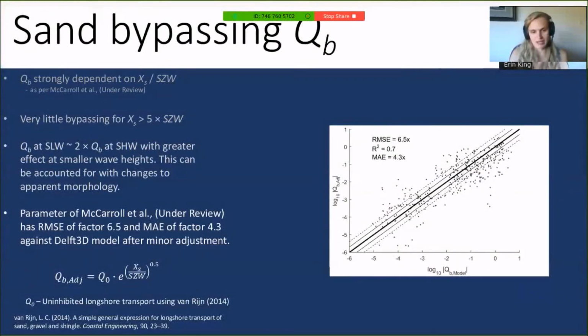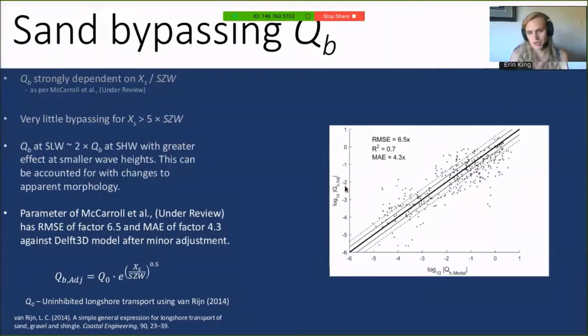And then that is multiplied by this factor here, which is an exponential term of the cross-shore extent of the headland relative to the surf zone, to the power of an exponent. This exponent has been adjusted slightly, that's why we're calling it QB adjusted. It's a minor adjustment though, and the performance of that equation is shown here.